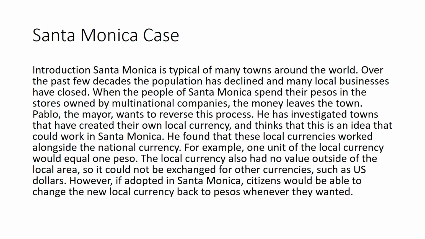So shortly, we are introduced with Santa Monica, which is a typical town around the world. It doesn't matter which town, it's not the information that we need. So in this town, we have a special currency which was used by people in this town.